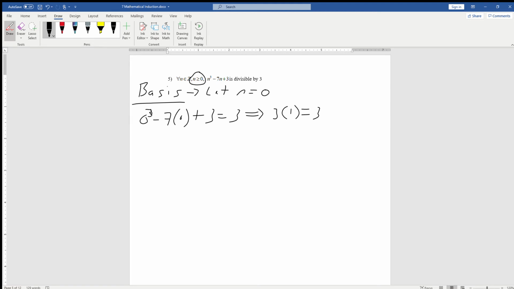So once we've established that the basis holds, we're going to write: thus, our basis step holds for small values of n. Okay.